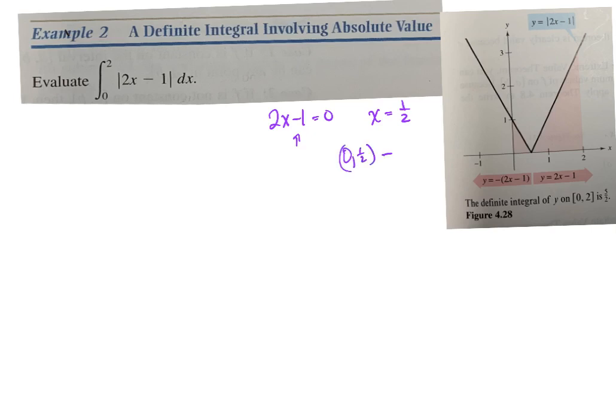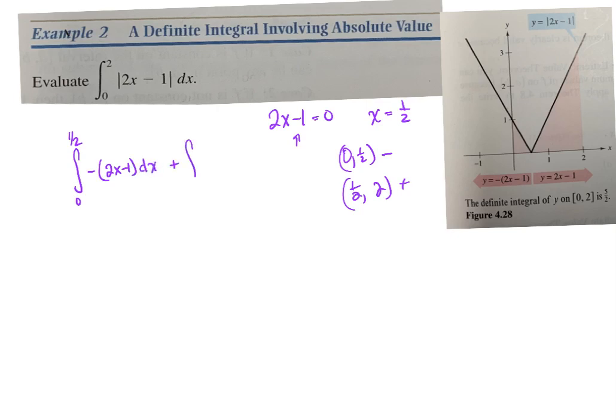I am going to yield a negative answer in just 2x minus 1, correct? And then from 1/2 to 2, I'm going to yield a positive answer. And so anytime you're going to yield a negative answer, you have to negate that antiderivative. So I would have to actually set up 2. I would have to say from 0 to 1/2, I'm going to do the opposite of this guy.